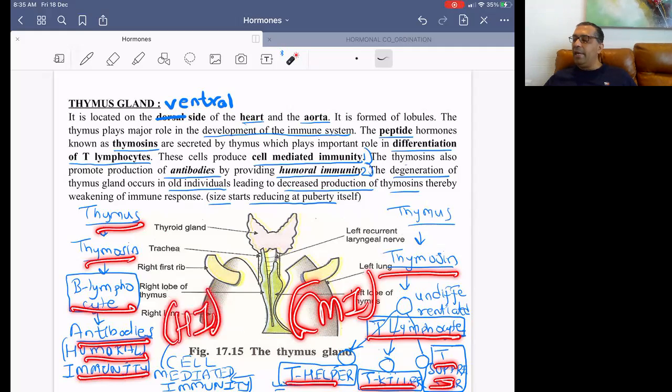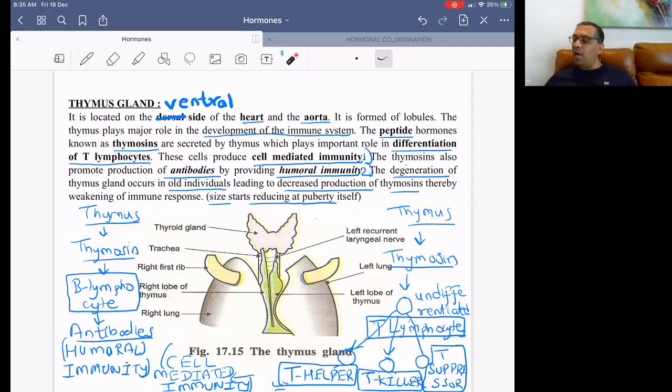Cell mediated immunity, that is T lymphocytes, and B lymphocytes forming antibodies, humoral immunity, are done with the hormone called thymosin. So the thymus is concerned with immunity. The thymus gland starts degenerating in elderly people, leading to decreased production of thymosin and a weakening of immune response.